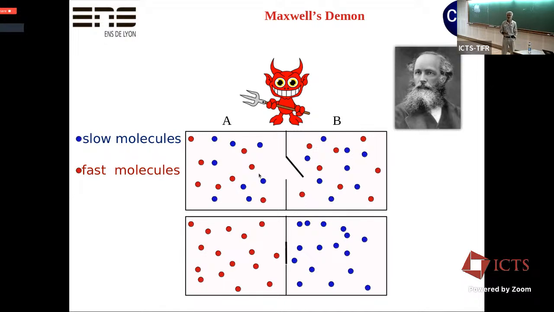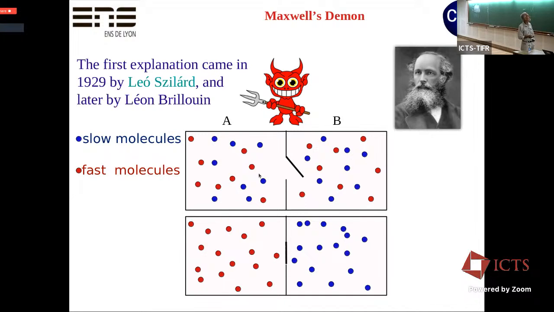In this way, you have produced a difference of temperature, and you can do some work. But the problem is that you started from a single temperature, and at this point you are violating the statement of Lord Kelvin that I just mentioned, because you produce work starting from a reservoir at a single temperature.